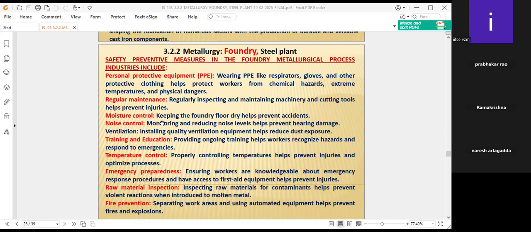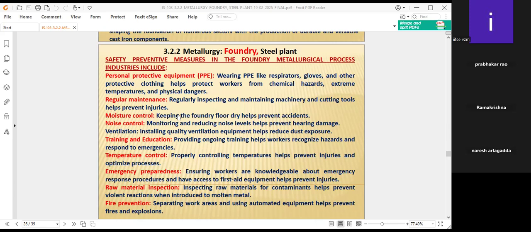Moisture control is very important, because on one side there is heating, another cooling, again finishing, again heating. Different steps are involved in the foundry process. Keeping that environment in mind, we have to see that moisture control is there.